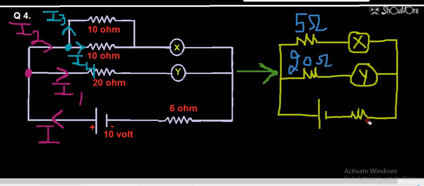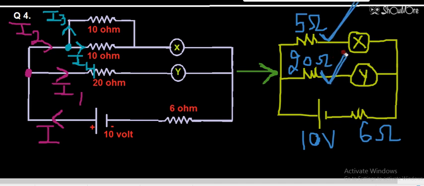This is 6 ohm. So the battery is of 10 volt. So now students, you can check this 5 ohm will be in parallel with this 20. About the reading of X and Y we will discuss later on. So this 5 and this 20, these two will be in parallel combination, so we have to solve these two.